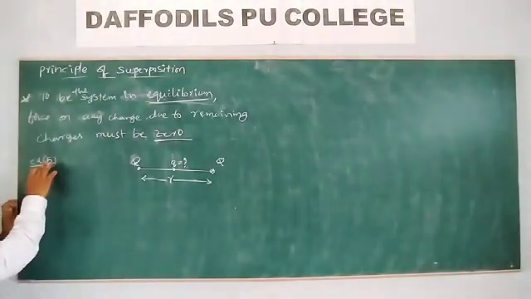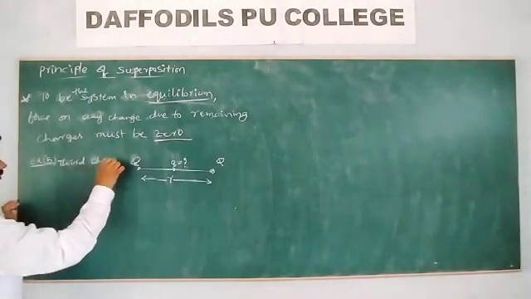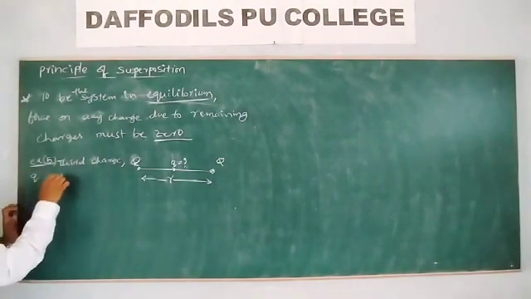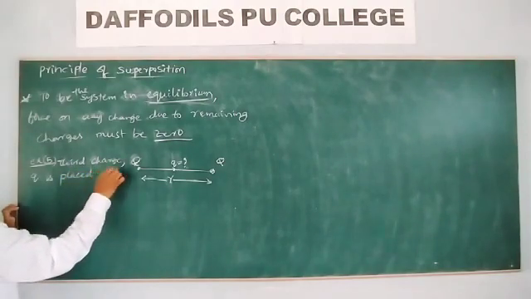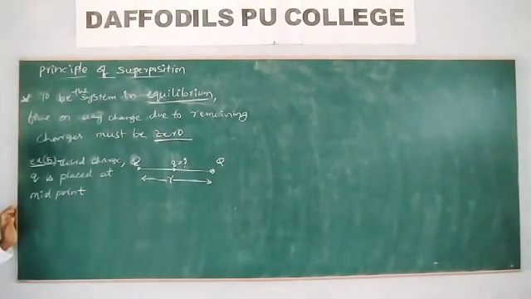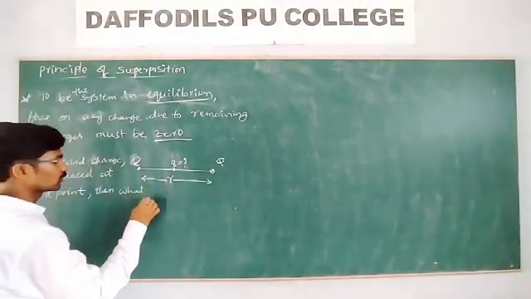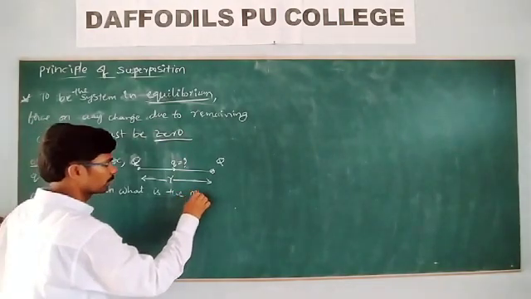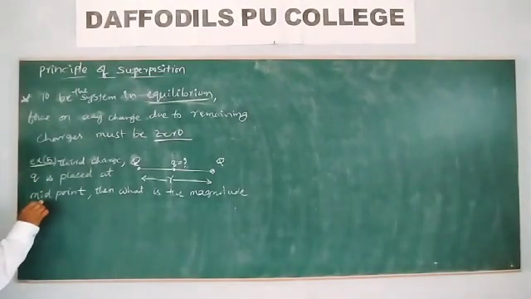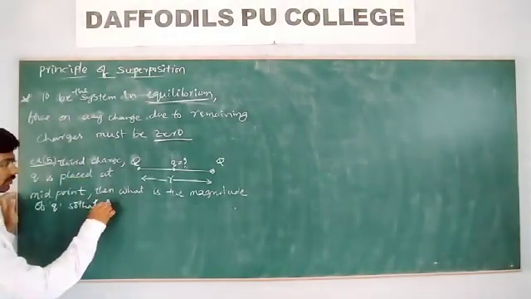The third charge Q is placed at the midpoint, then what is the magnitude of Q so that the system is in equilibrium?